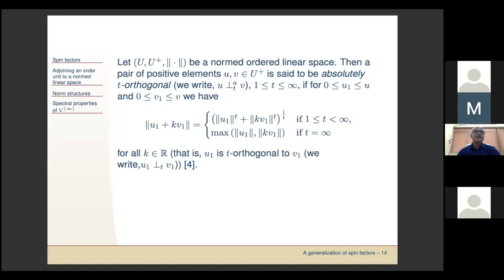Okay, so take now two positive elements U and V, and we say that U is absolutely T orthogonal to V, where T lies between 1 and infinity, if for any U1 less equal to U and U1 positive, similarly V1 less equal to V and positive, we have this condition that norm of U1 plus K times norm of V1 is given by this relation when T is finite and greater than equal to 1.